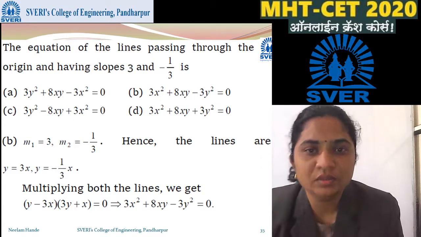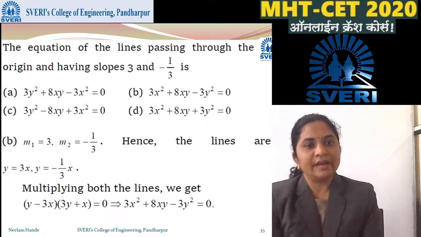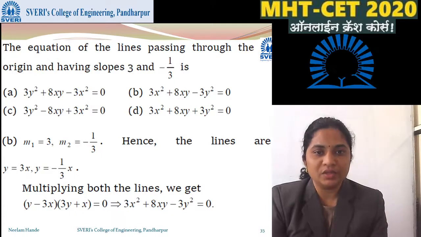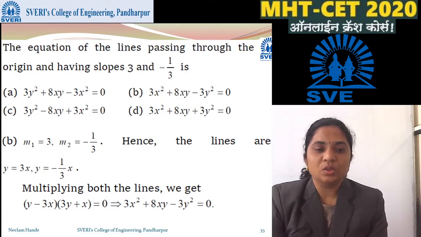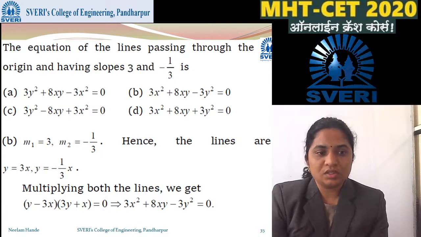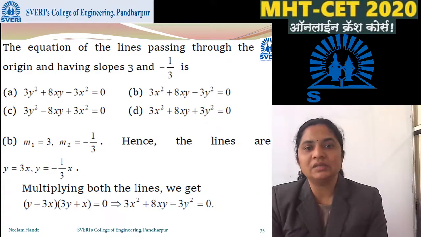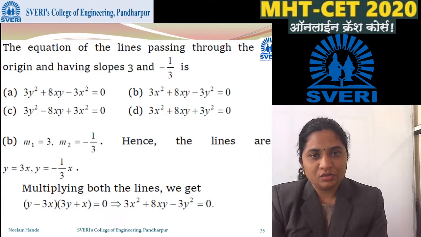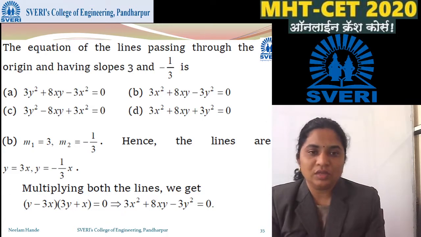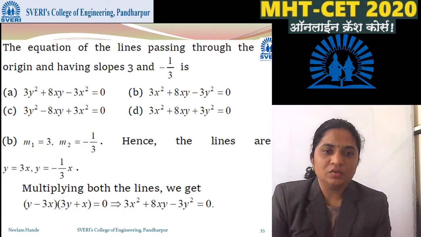Next, the equation of the lines passing through the origin and having slopes 3 and minus 1 by 3 is? Okay, slopes. The first slope is 3, so we can say m1 is 3 and m2 is minus 1 by 3. If you want to write its equation, we know y is mx.